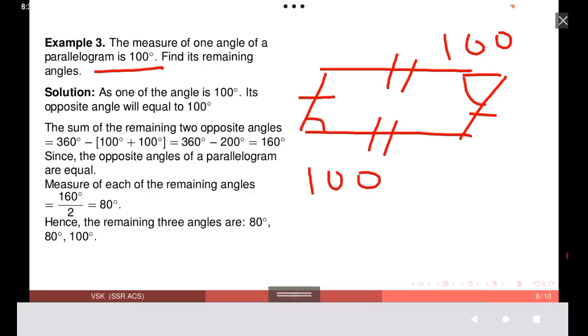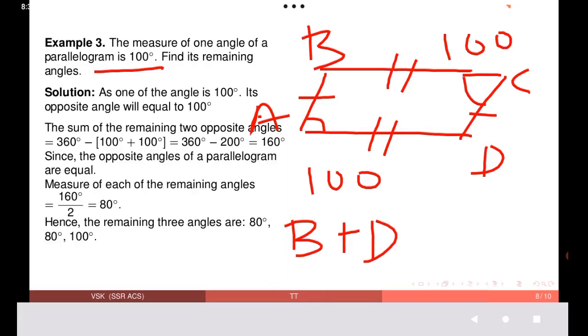So what will be the sum of these two angles? Suppose this is A, this is B, this is C and D. So what will be the sum of B and D? Because the sum of all these is 360, this will be 360 minus the sum of these two, that is 200.